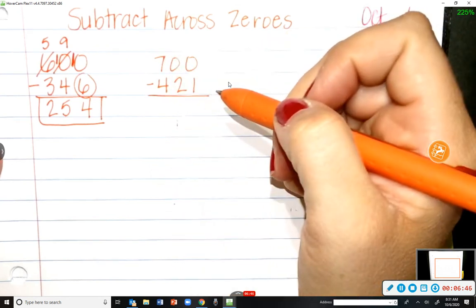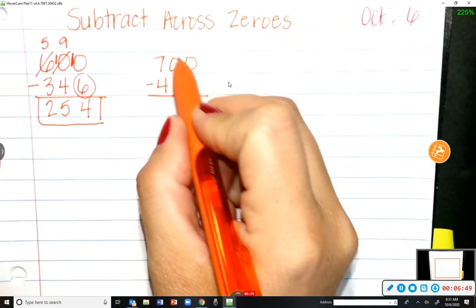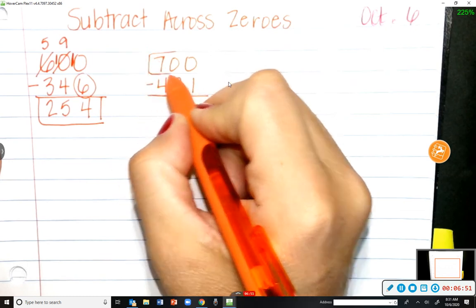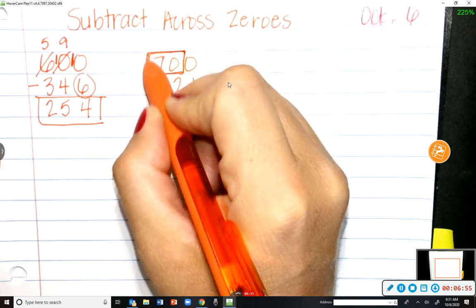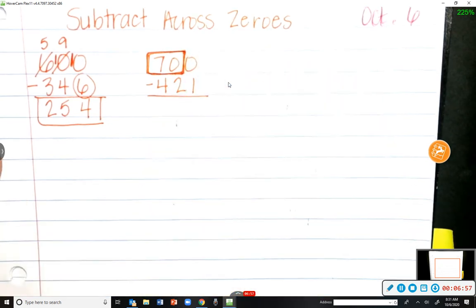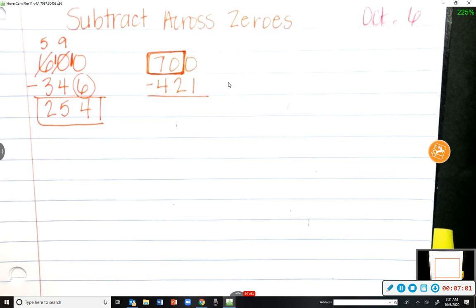But what we can do now is we're going to borrow like this is 70. So I want you to put a box around this. And we're now borrowing from 70. So think about that. If I have 70 and I take one group of 10 away, it now would become what? Anybody have a guess?